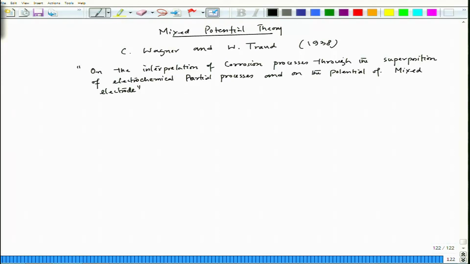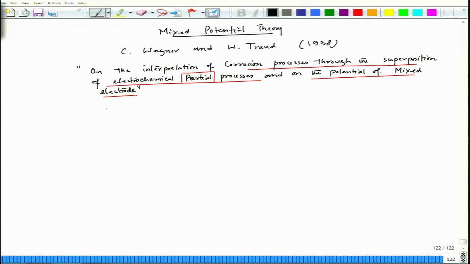Interestingly, corrosion processes through superposition of electrochemical partial processes, this is very important, partial, and also on the potential of mixed electrode.